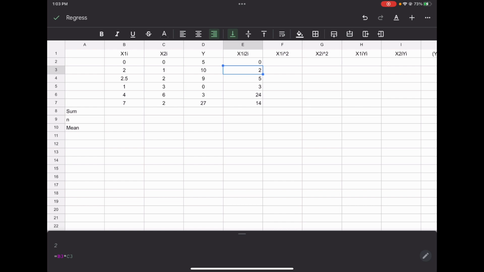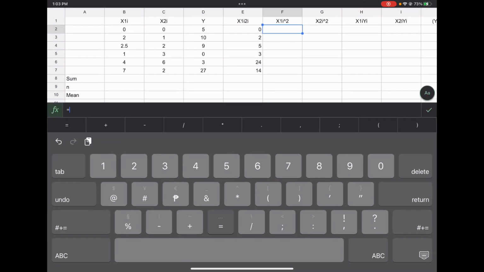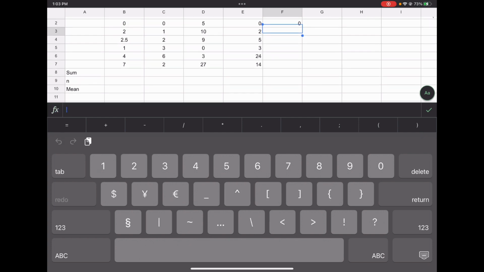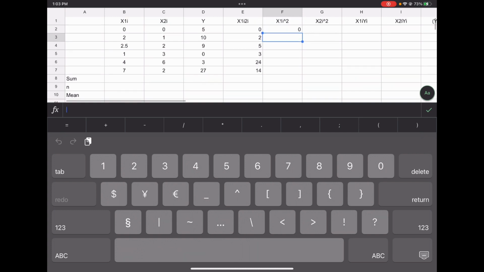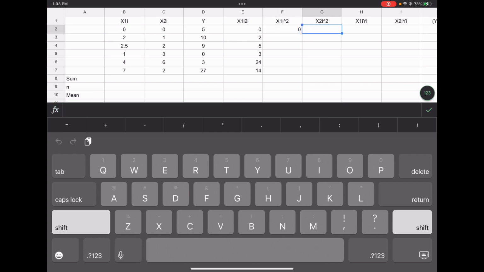That's correct. The next one is we square. So this would be equal to, we square x sub 1, so we raise it to 2. And then this one, we raise it to 2 as well, for x sub 2.